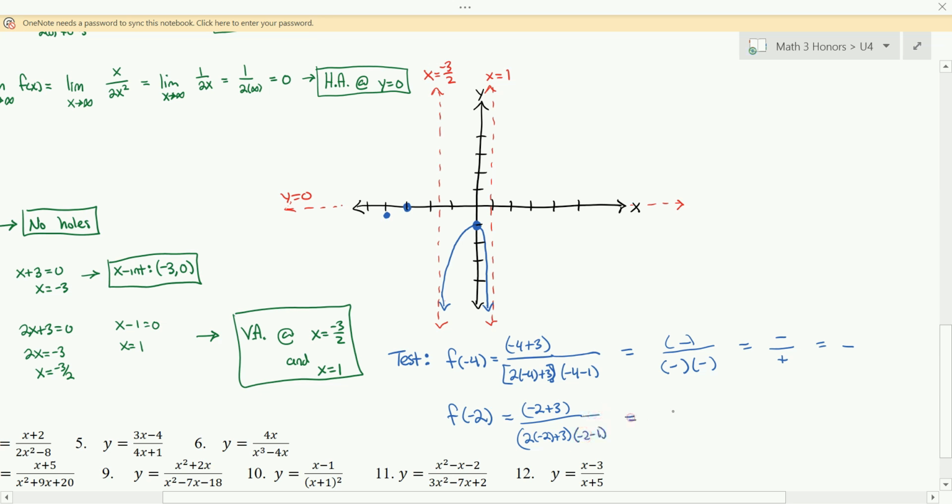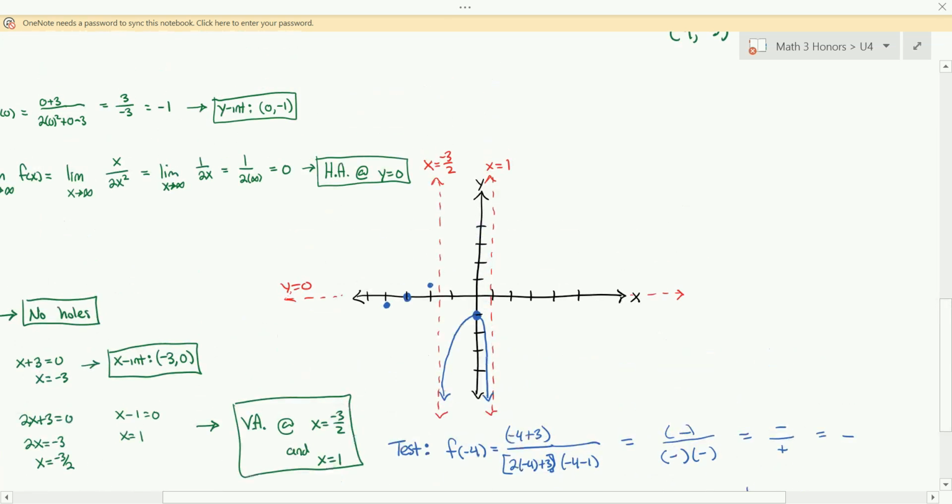So here I'm going to get a positive divided by a negative times a negative, right? Which is positive divided by positive. So you're going to end up with a positive value. So I know it's somewhere above. Okay, so I now have enough information to finish the left section.